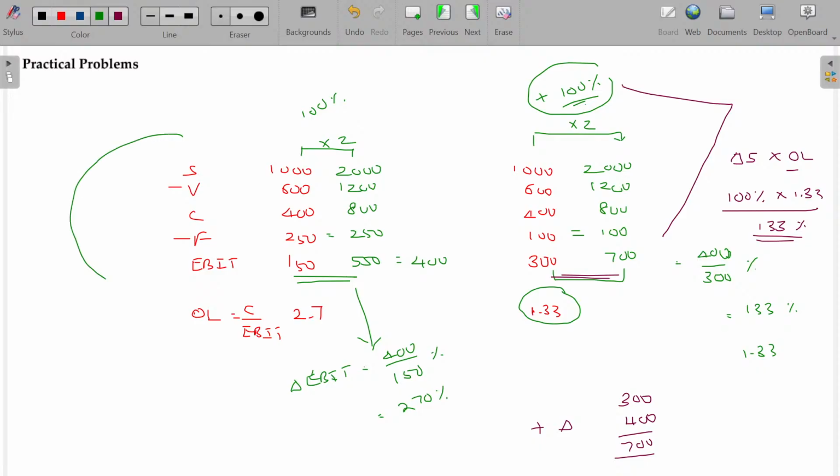Otherwise, you can simply multiply what? Change in sales with the operating leverage. Change in sales being 100 into 2.7, 270 percentage will be the change. Is that clear? Are you getting 270, right? Maybe fractional change, fractional difference.